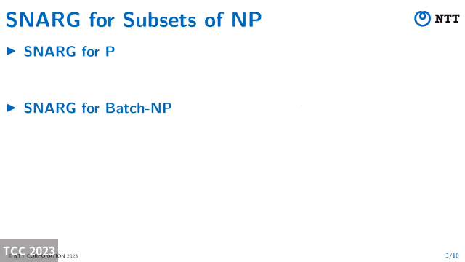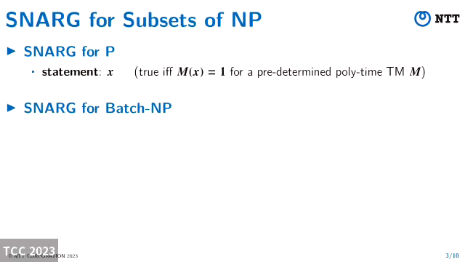In this work, we consider SNARGs for a certain subset of NP, in particular SNARGs for P and batch NP. In SNARGs for P, the statement is an instance x of a language in P, and it is considered true if a predetermined deterministic polynomial-time Turing machine M outputs 1 on input x.